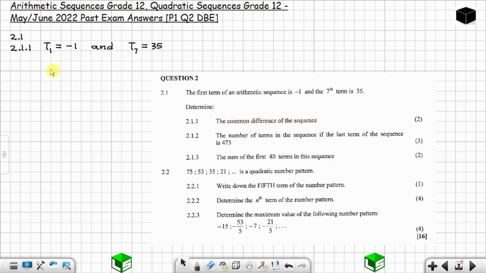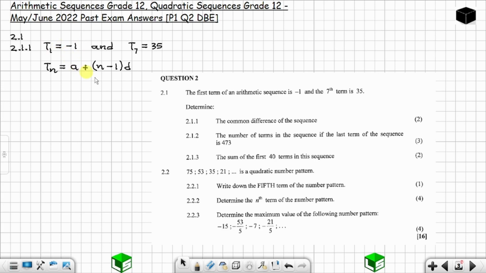This is the formula that you can use to find any term of an arithmetic sequence. Question 2.1.1 is to find the common difference, which is D. You can substitute Tn with 35, which is the seventh term, and A, which is the first term, is -1.